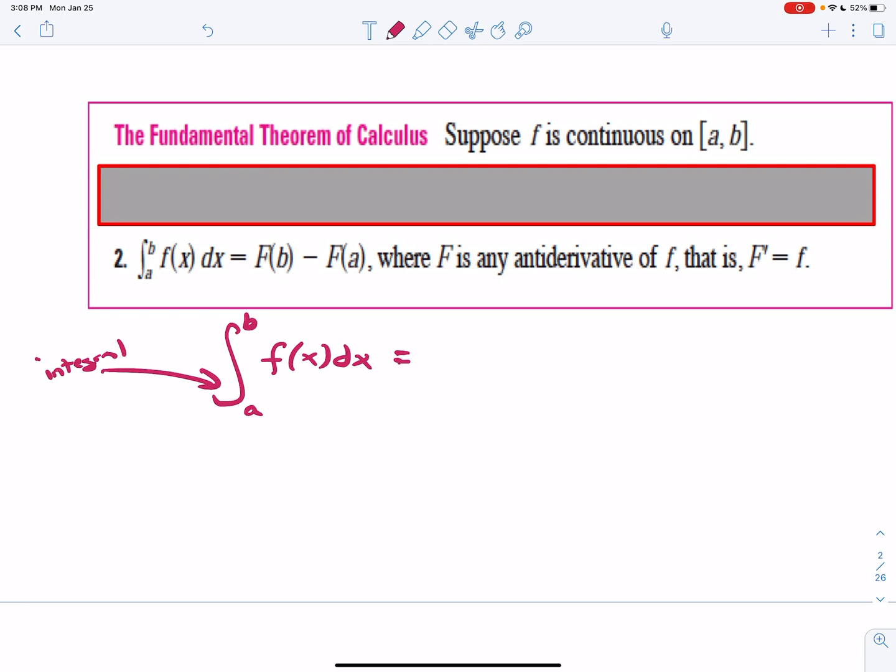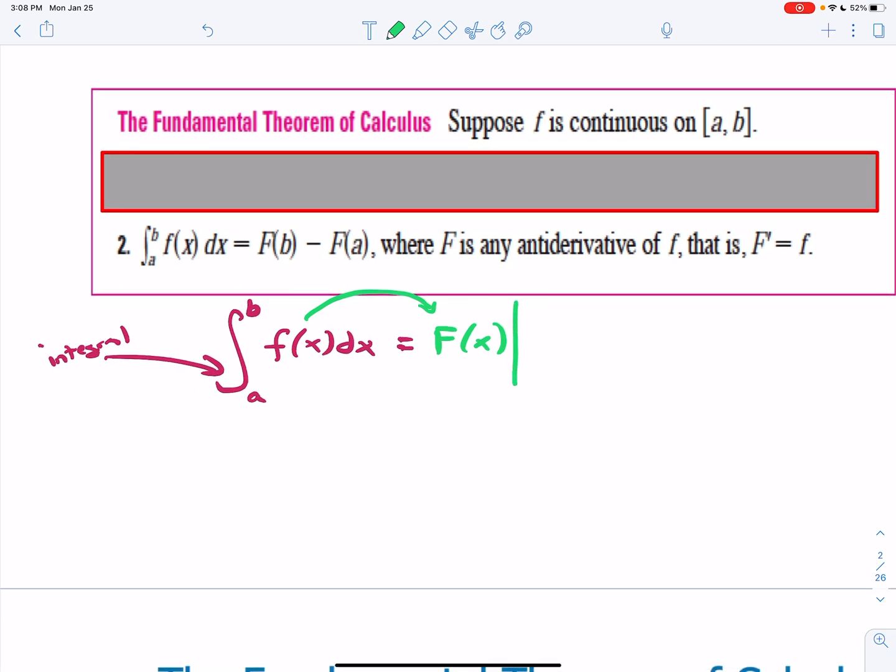So what happens here is you take the integral of f of x, which is some capital F of x, that's the antiderivative. And what you do here is you draw a vertical bar, and we've seen that before. That just means evaluated. Okay, from a to b.